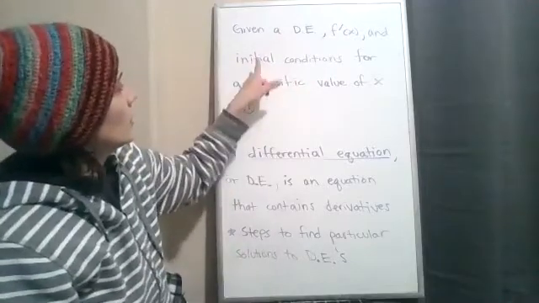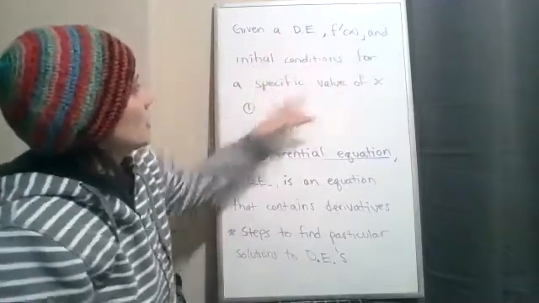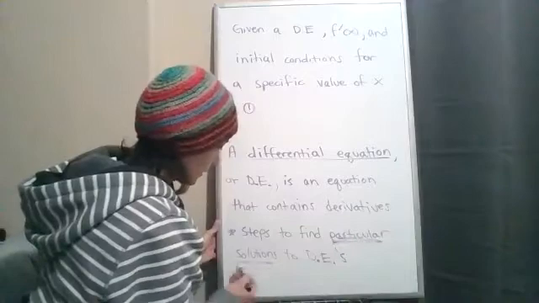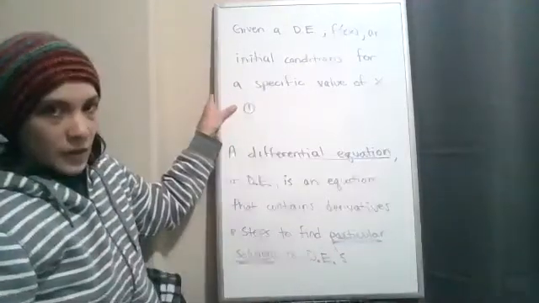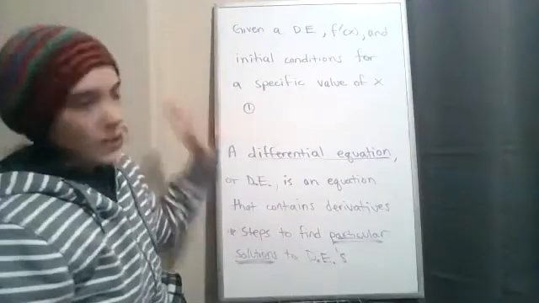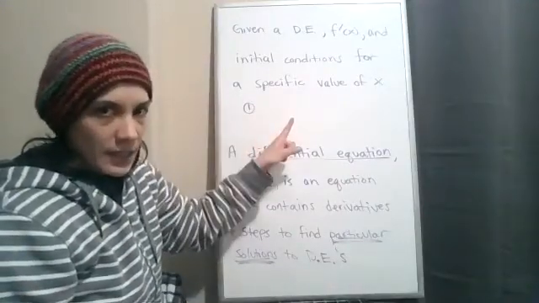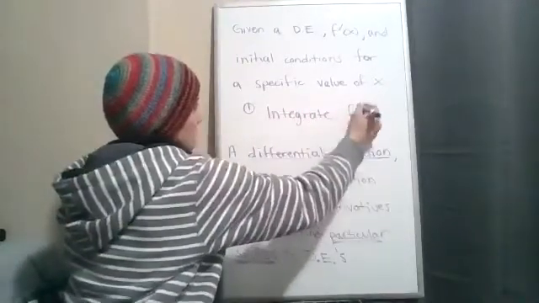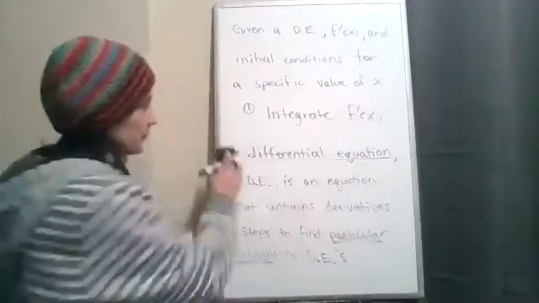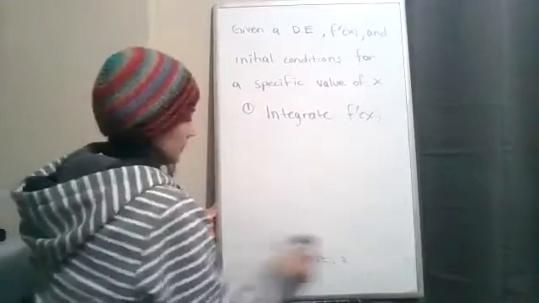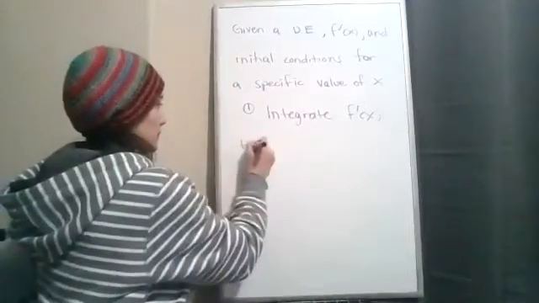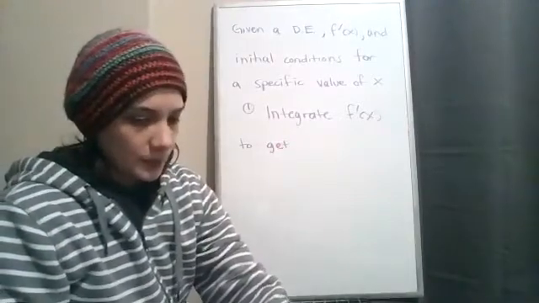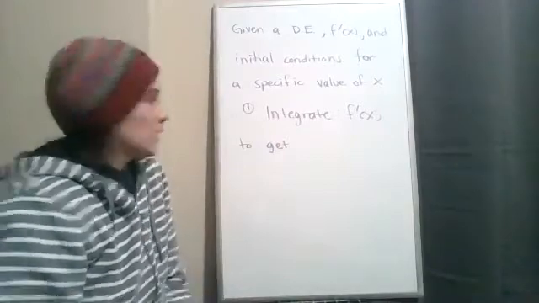Given a differential equation and initial conditions for a specific value of x, first thing you do when you're looking for a particular solution is get a general solution by integrating the DE. So we'll start there. Integrate the DE. Okay, so you're going to get a general solution.